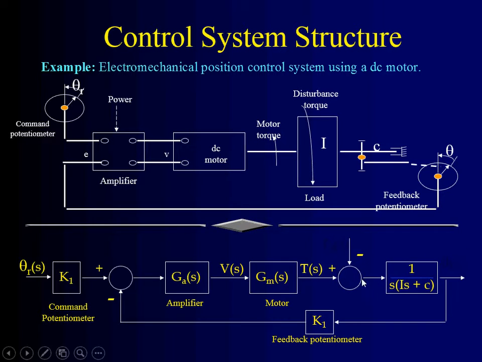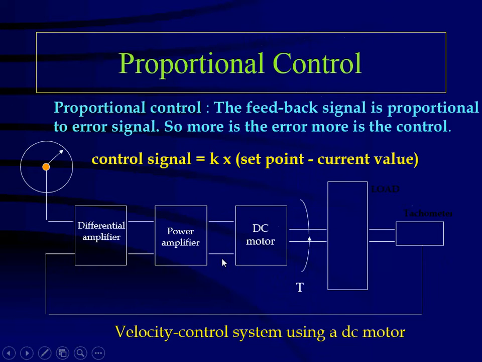So if you have the DC motor in here, the DC motor has a tachometer that measures the speed and position here, feeds back to the amplifier, which takes the difference between the value you set up and the actual value, and this error is corrected over here with this power amplifier and the DC motor.